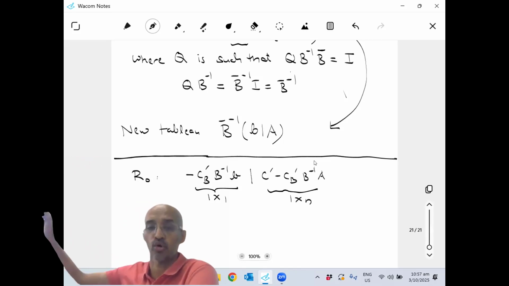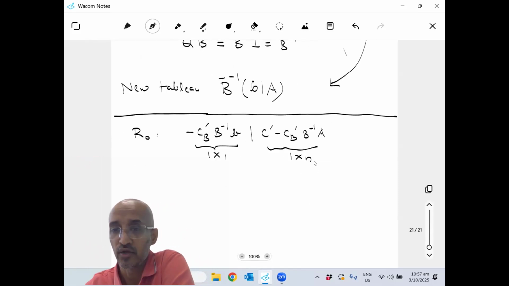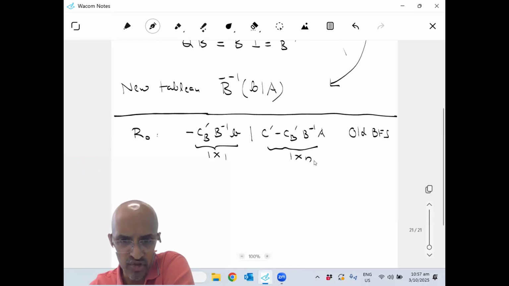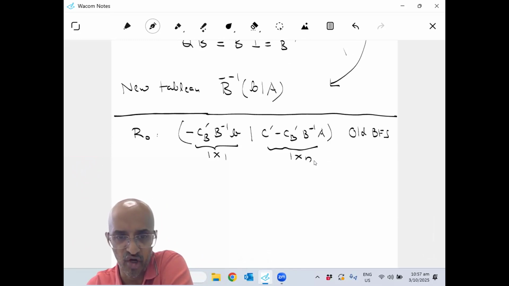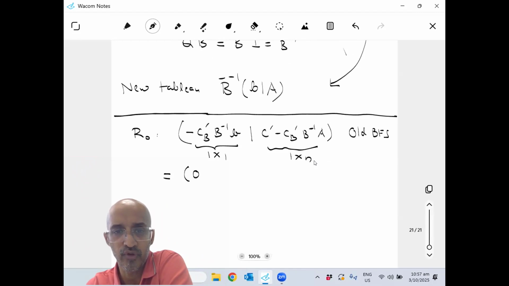This is the top row, row 0, for my old BFS. I'm going to rewrite this in a slightly different form, just split this up. Think of this as zero, C transpose.